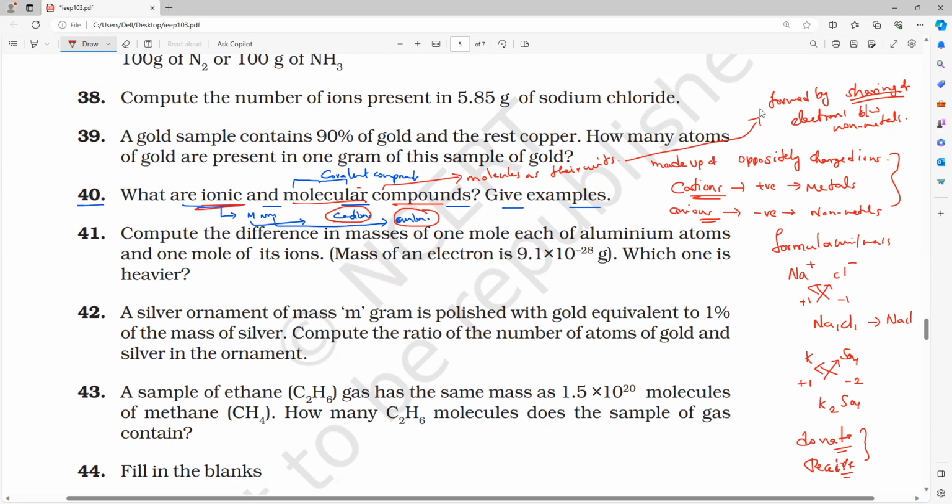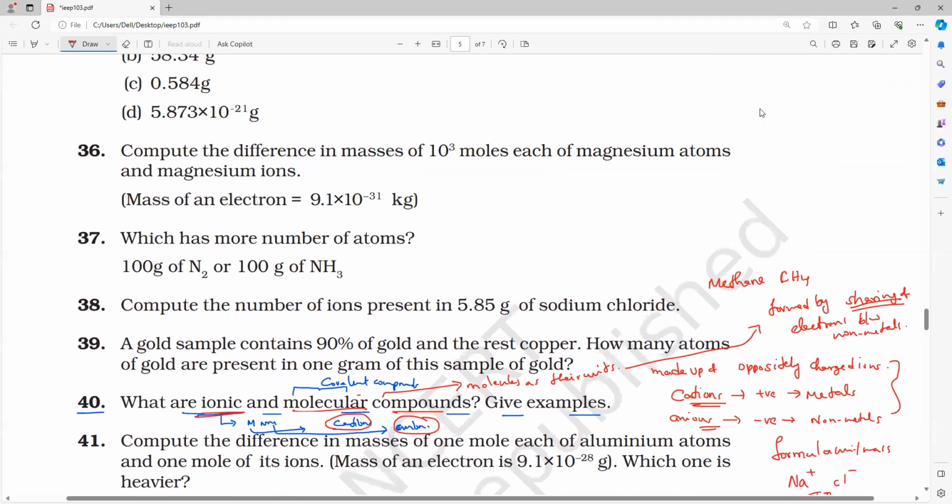That is what we call molecular compounds. For example, methane, CH4. Here carbon and hydrogen are sharing the electrons, not donating.